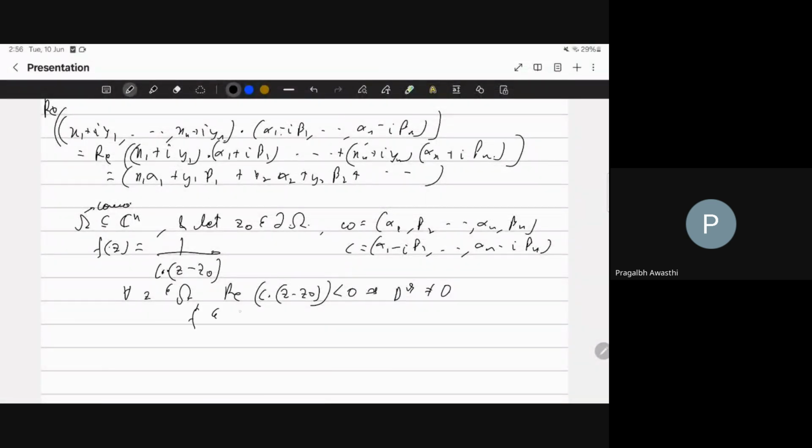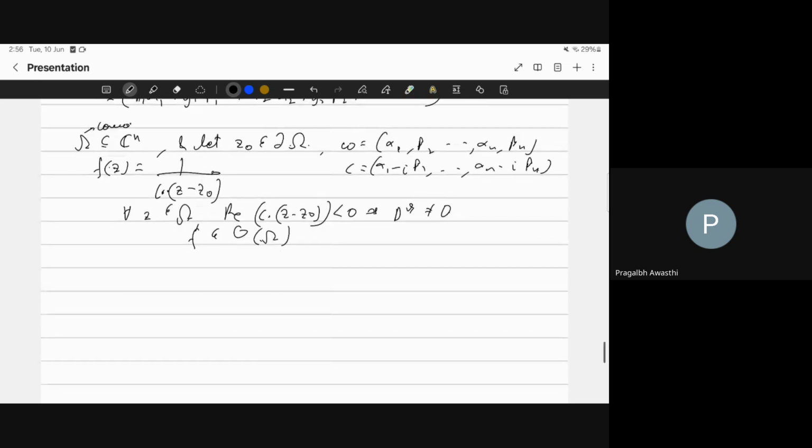So f is holomorphic on omega, but it cannot be extended analytically. So all convex subsets are in fact domains of holomorphy. This is the first sign of some interaction between convex domains and domains of holomorphy. But just to be careful, all domains of holomorphy need not be convex. Only all convex subsets are domains of holomorphy. There can be domains of holomorphy which are not convex.